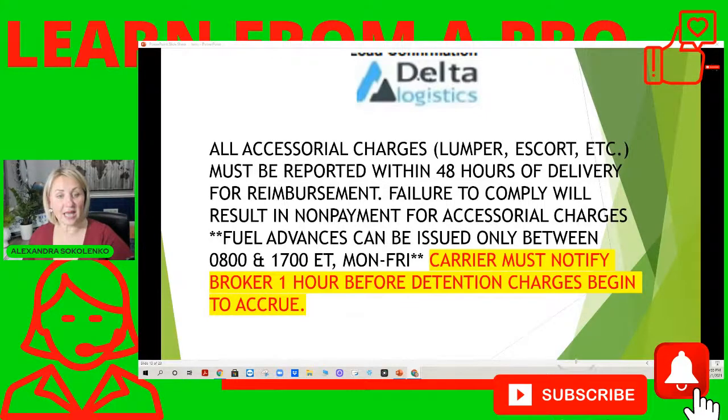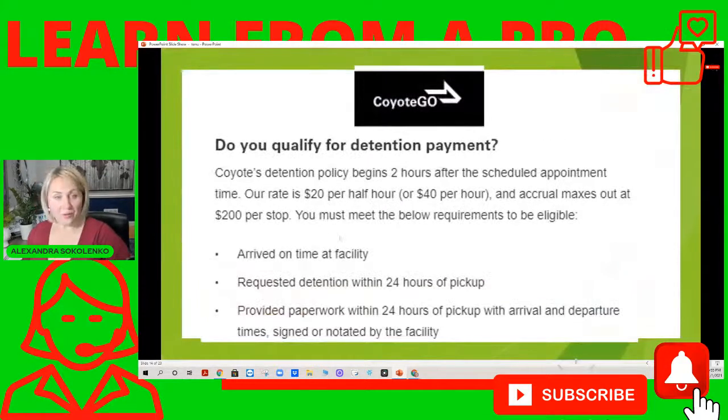They are saying that the carrier must notify the broker 1 hour before detention charges begin to occur, right? That's Delta. I just copy and paste from an actual real rate confirmation, so if you see any mistakes, that's why. So Coyote, for example. Coyote has a different policy for different loads, but their rate is the same for detention.